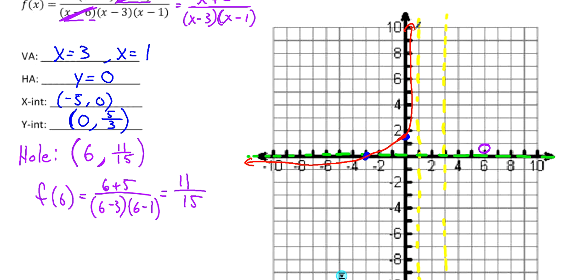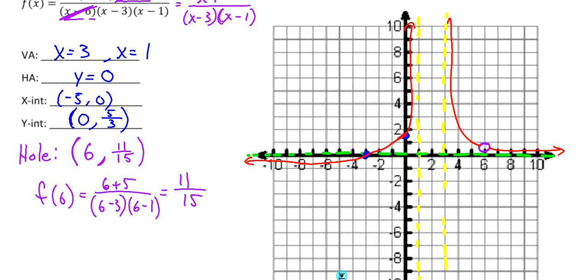On the right side, I also know that side real easy because, since there's no x-intercepts, it's either going to be all above the horizontal asymptote or all below it. But since I have that hole sitting right there, I know automatically it's up here. So using that hole to graph my right side helps me a lot.